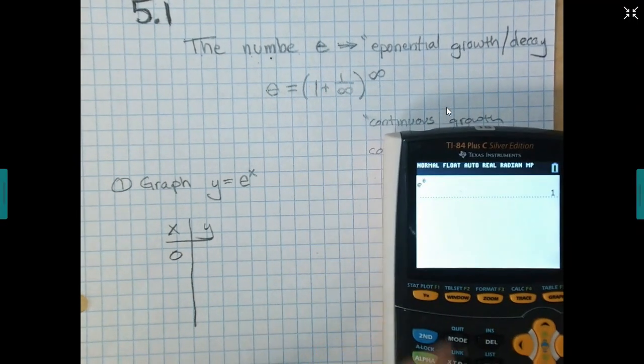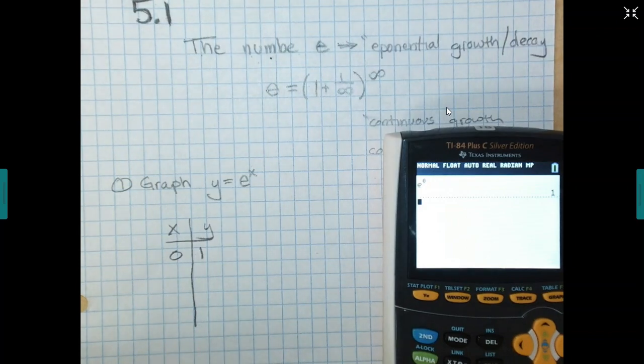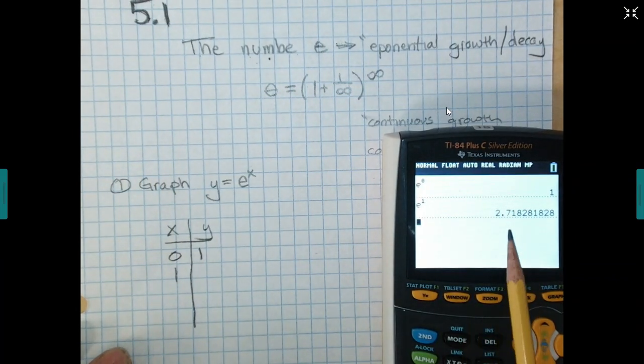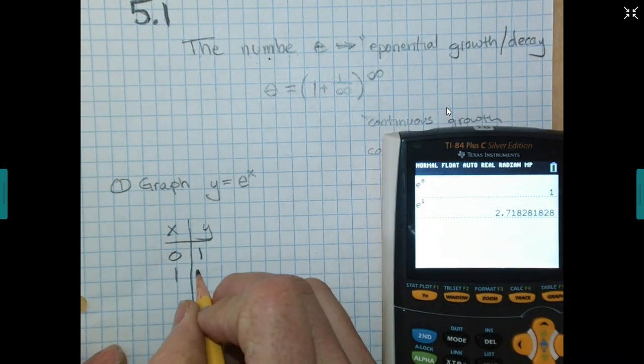So e to the power of 0 is 1, which we already know because anything to the power of 0 is 1. Well, what about e to the power of 1? What does that equal? Well, we just learned that 2.7 is what e equals. So we're just going to go 2.7.